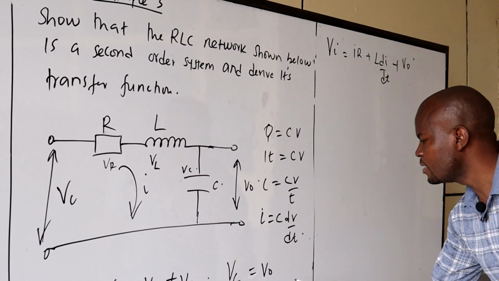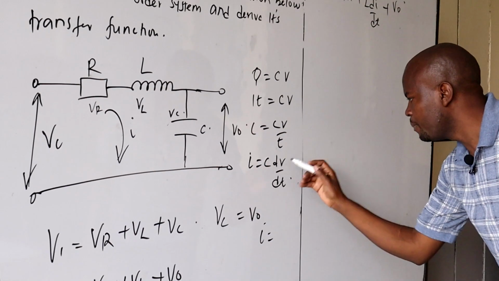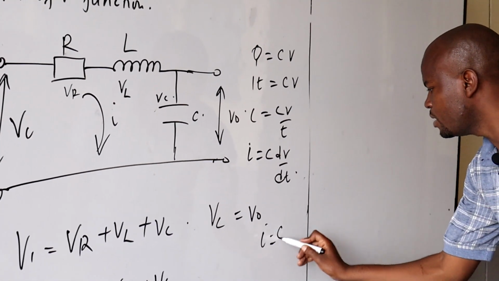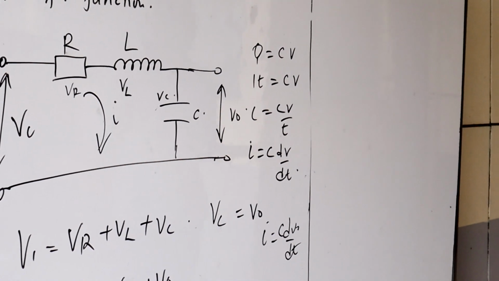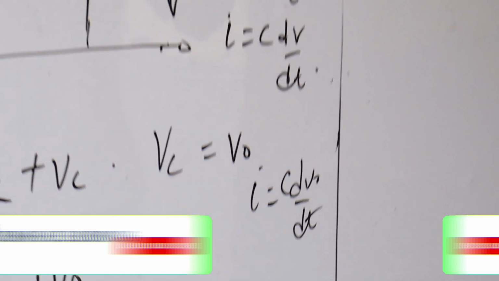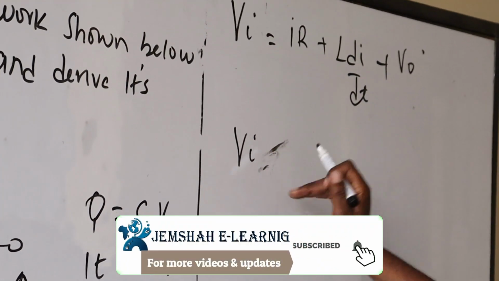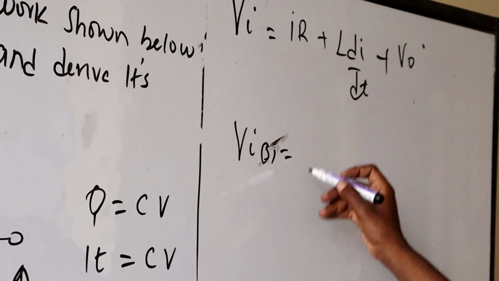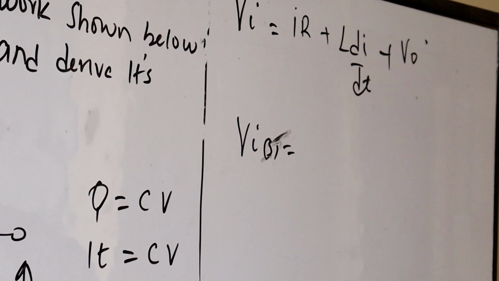In our case, I is now going to be, from that definition, C dV out over dt. So wherever we have I, we are going to change it to C dV out over dt. And therefore, VI is going to be I, and what is our I? C dV out over dt.